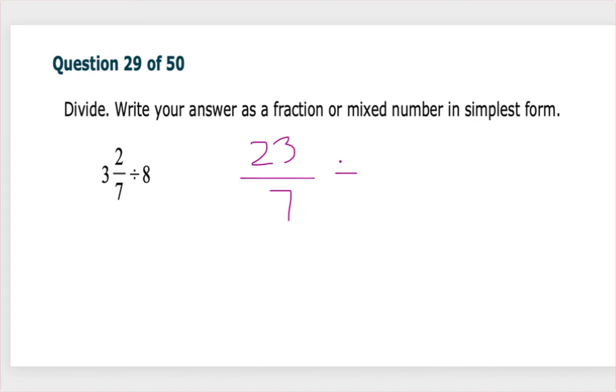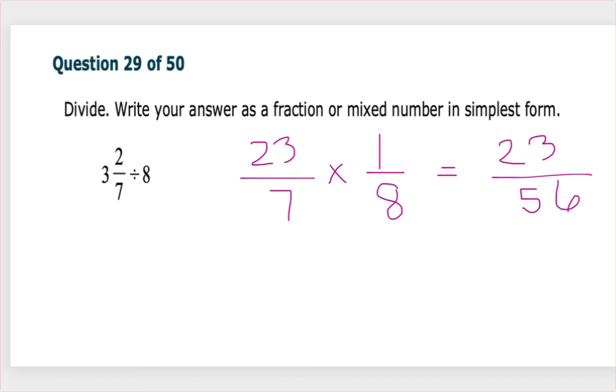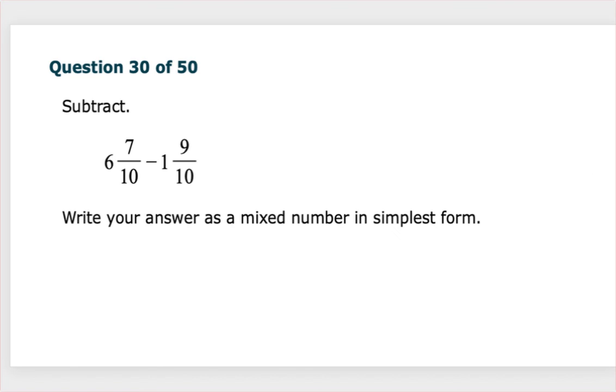Divided by 8 is the same as times 1/8. So we end up with 23/56. And that is simplest form.